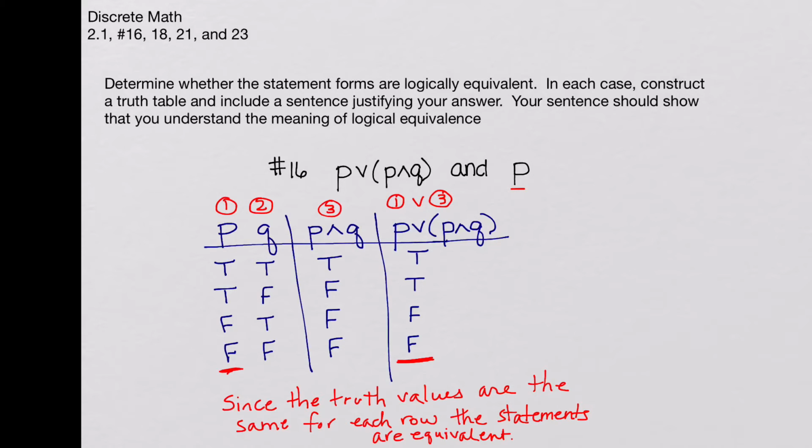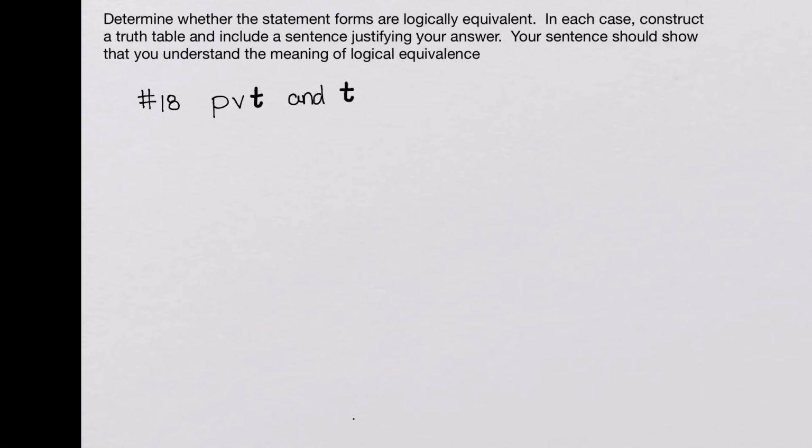Now let's take a look at number 18. Now for this problem, we're comparing P or T with T. So I only have one variable because T just represents the statement true.